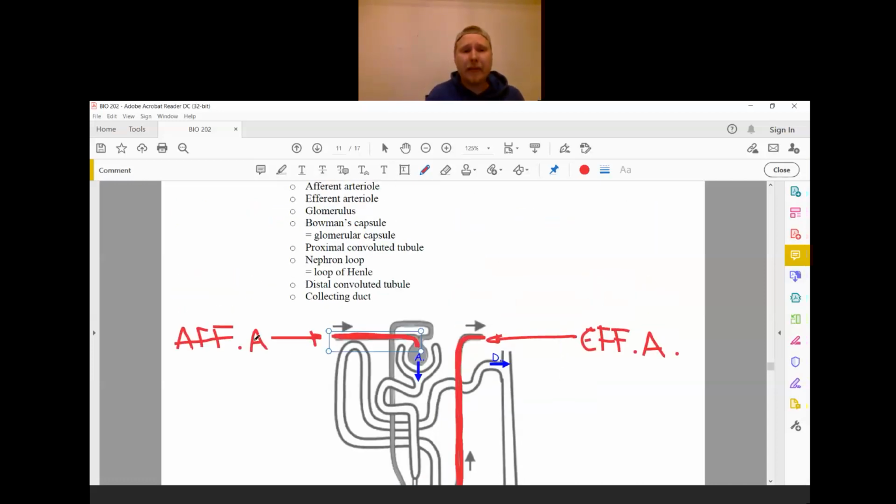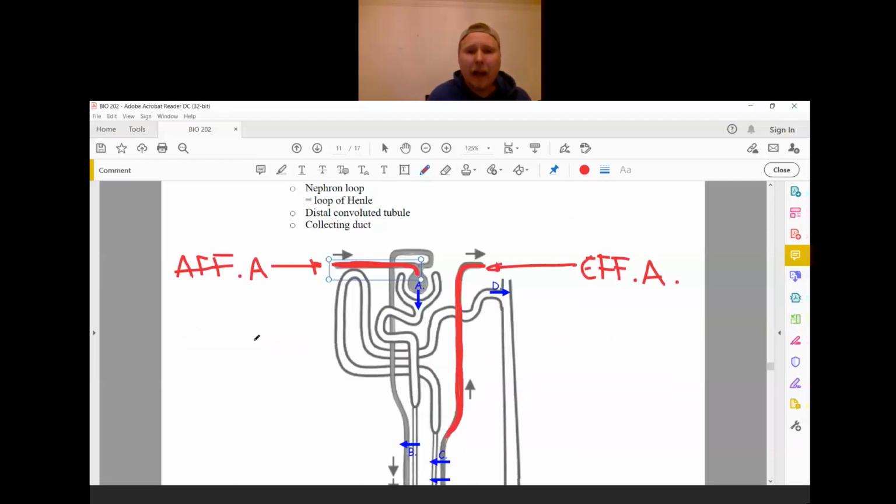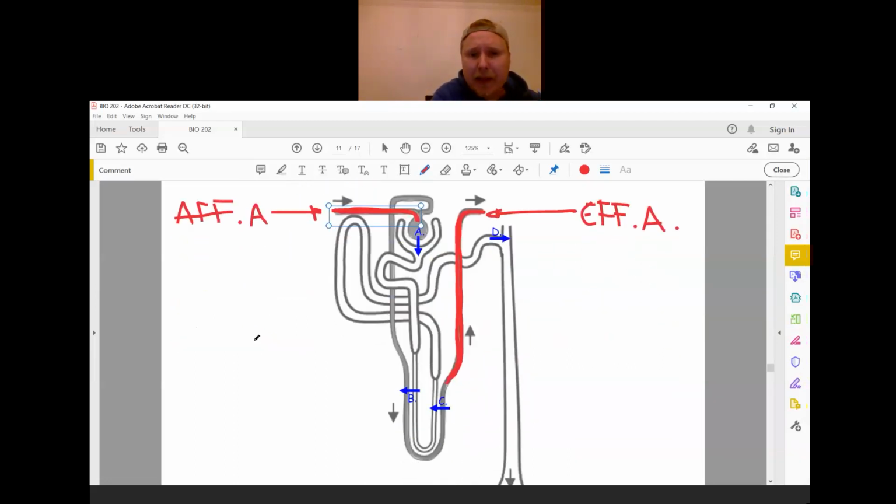We also see the glomerulus, and the glomerulus is this capillary network within the nephron. And for the sake of completeness, I'm also going to add this capillary that goes around from the glomerulus all the way, following the nephron at a close distance.